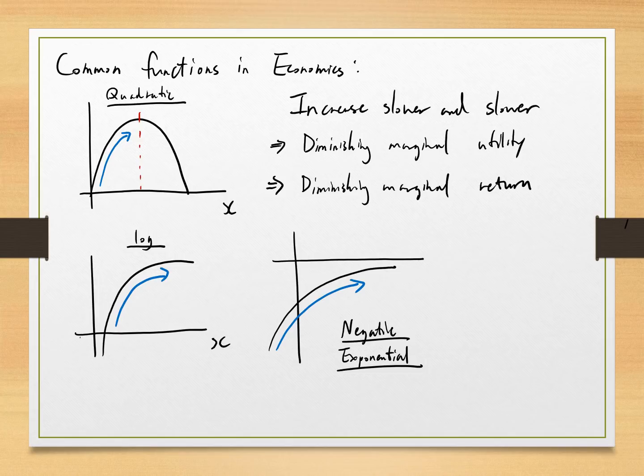They all increase slower and slower and slower. That gives us the property that we think is realistic in economics. So these three functions you see a lot, and very conveniently, they are all differentiable. So it's very easy to find the maximum in these cases. You just have to take the derivative and set it to 0. So that's why they are very common. All right.